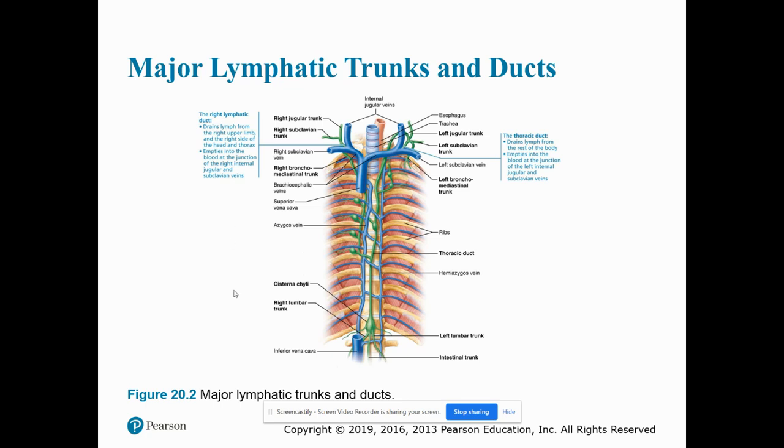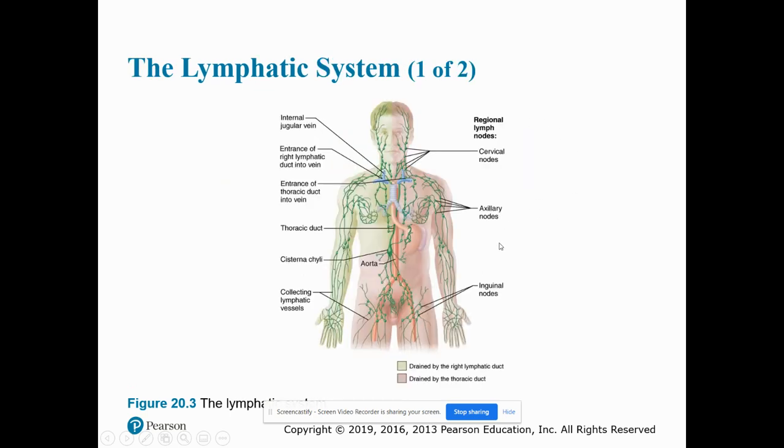What this is showing is the right lymphatic duct draining over here, and the thoracic duct over here. This color here, this greenish tan, shows what the right lymphatic duct drains.